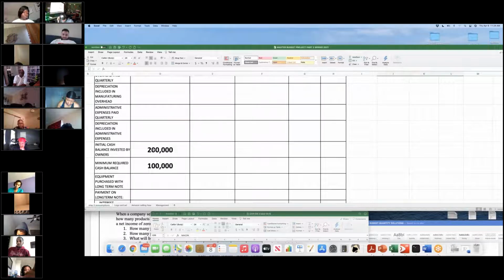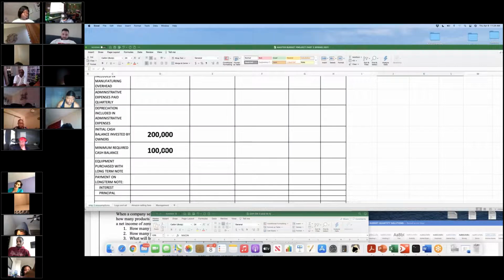You will make an initial investment of $200,000 in your company, and your minimum cash balance is $100,000. So when you're operating, when you get down to $100,000, then you've got to go borrow some money if you don't have enough sales.